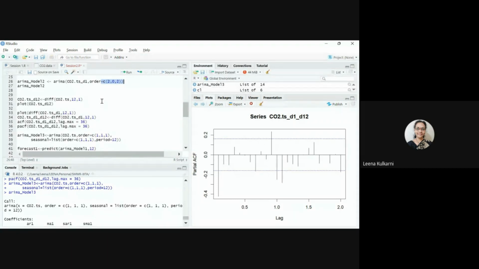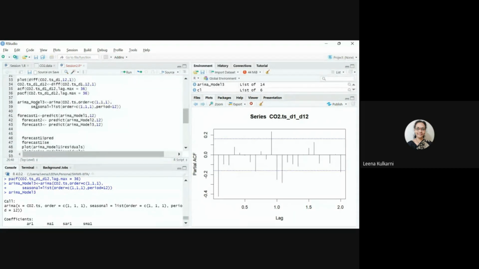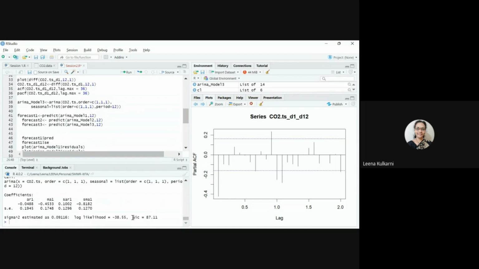Get the summary and check the accuracy by looking at the AIC value. The best model selected will be the one which gives you the minimum value of AIC.